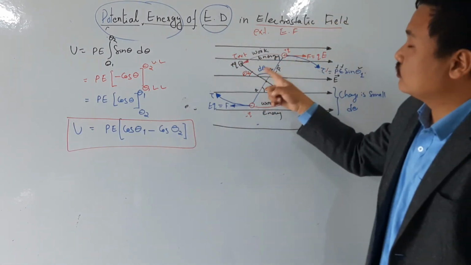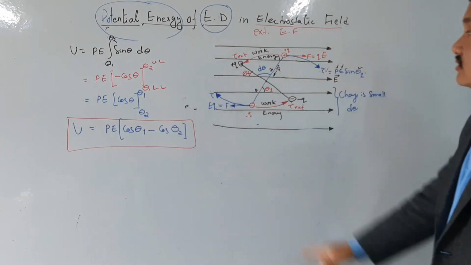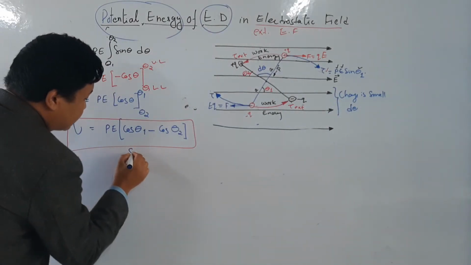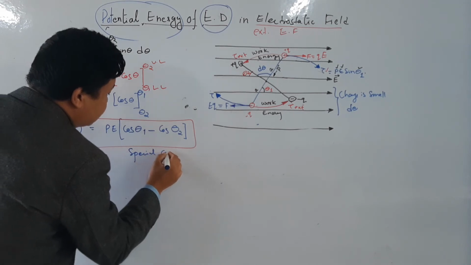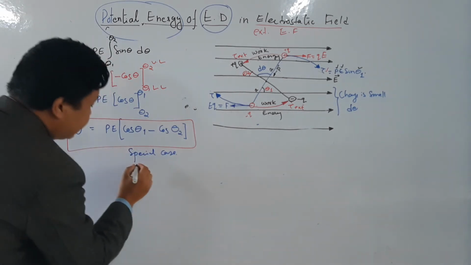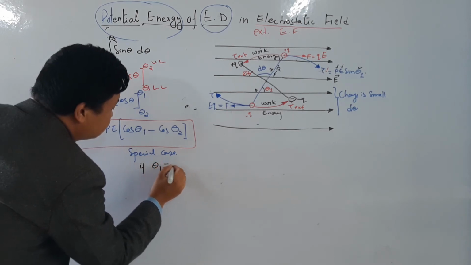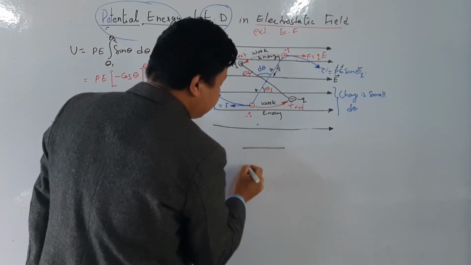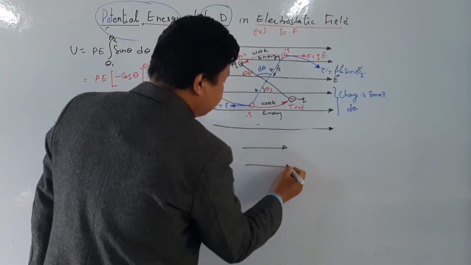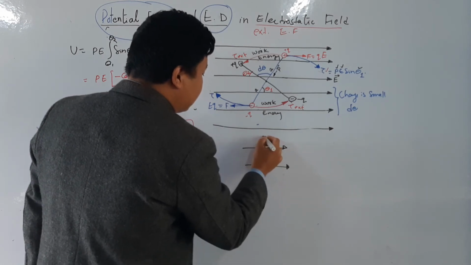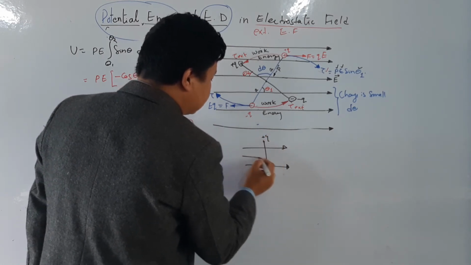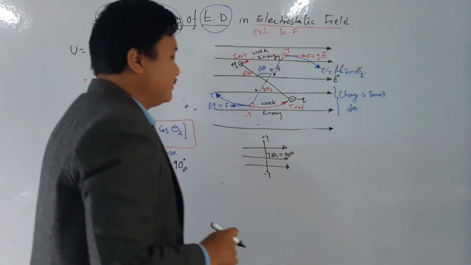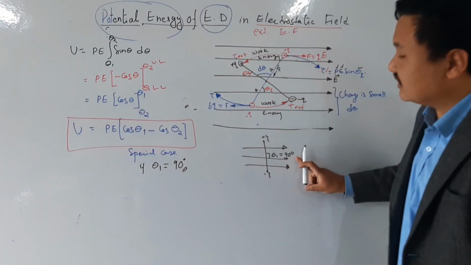We got it by doing work in the opposite direction to give the external torque. Okay, now from there I will go to the special case. If theta 1 is equal to 90 degrees, what do we mean by this? It means that if you had an electric field like this, then this is my positive Q, negative Q, and this is again the electric field, and this is my theta 1 equal to 90 degrees.